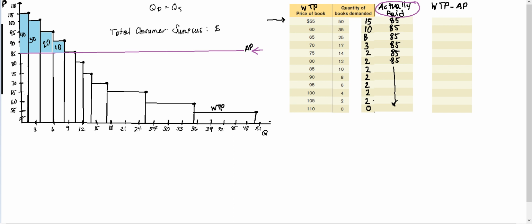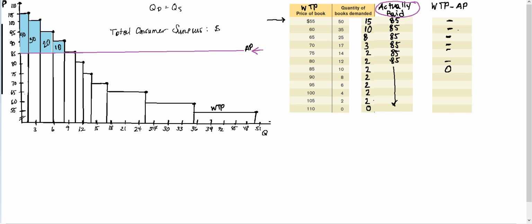And so what we've actually done is just started from here and moved all the way to the left until we got to the bar, and then we hit 0 consumer surplus. Now we say, okay, let's start at a willingness to pay of 90.